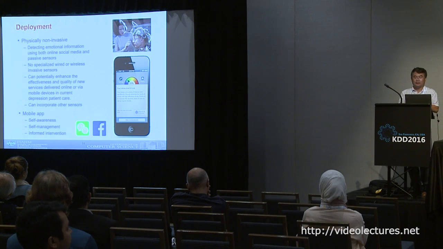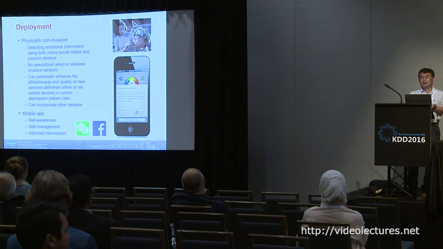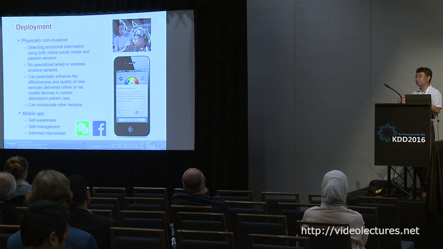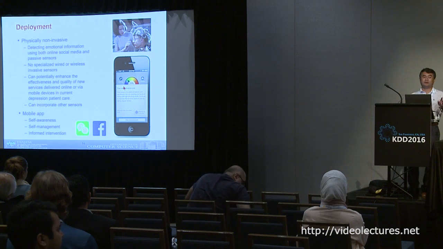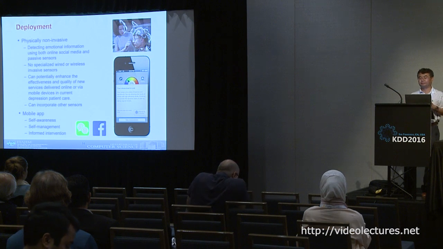So why do we want to do this? Our goal is actually not to be a big brother and spy on everyone. It's because so many people have problems, and if you know you are experiencing a problem, you could self-manage your stress level. So we hope to map everything we developed into a phone app.